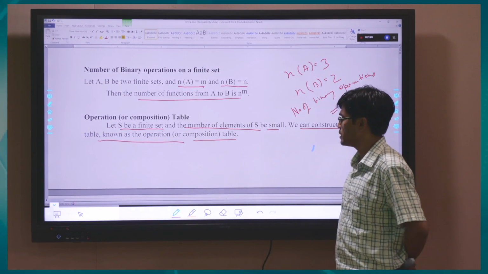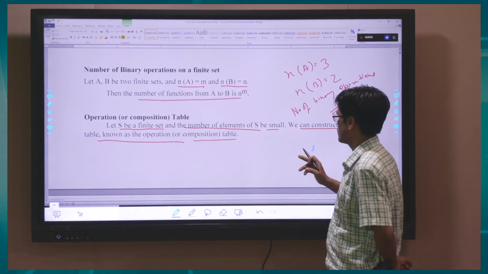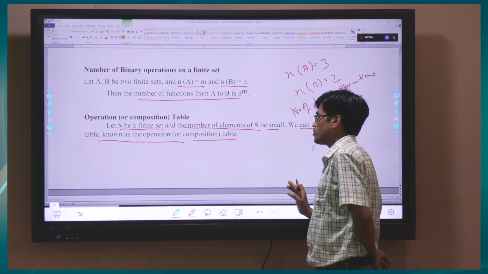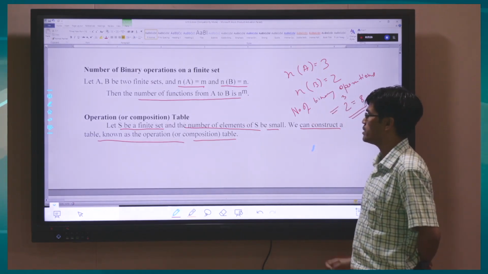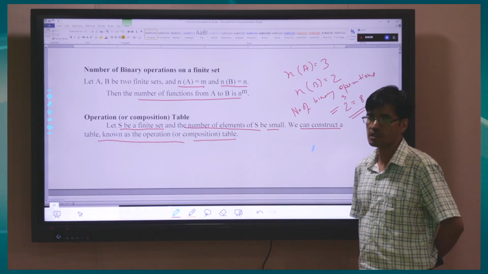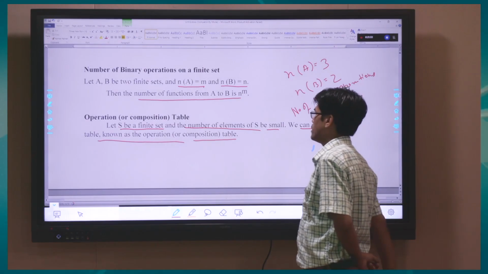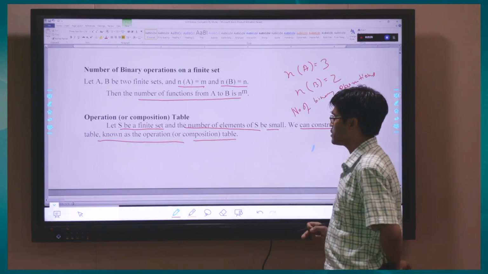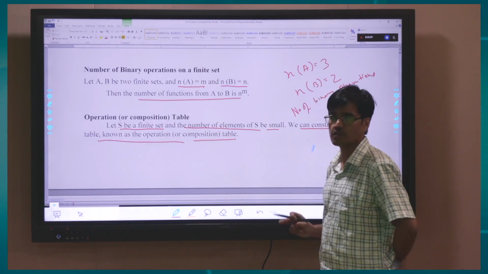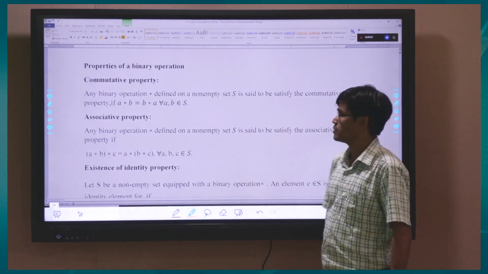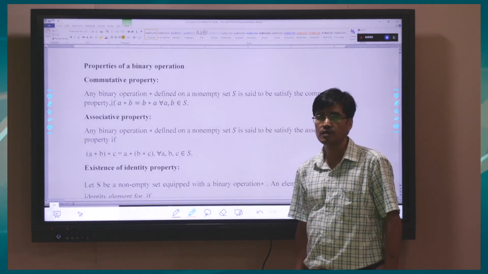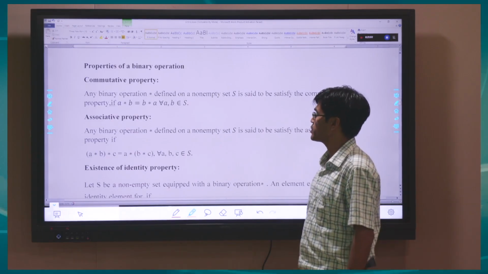So in the next discussion of some questions we will discuss a composition table. We give an example of a composition table. How can we find whether an operation is a binary operation or not with the help of a composition table? So now we discuss various properties of a binary operation.